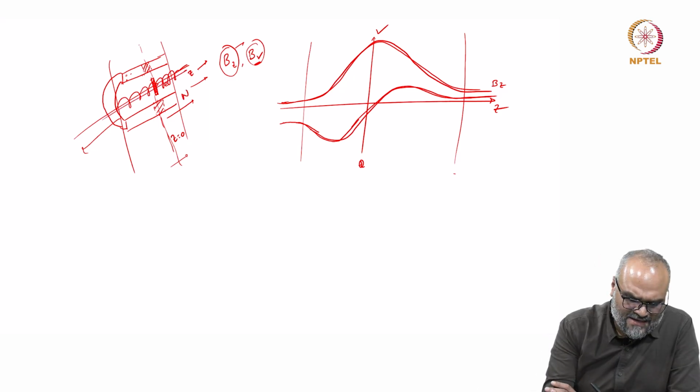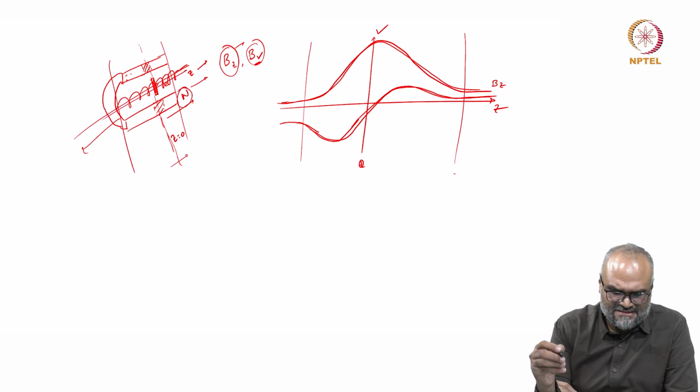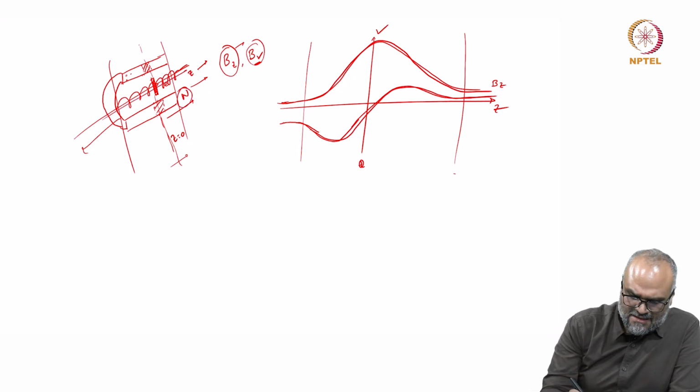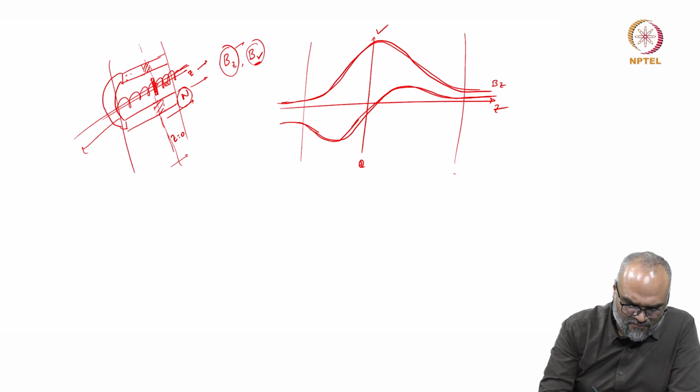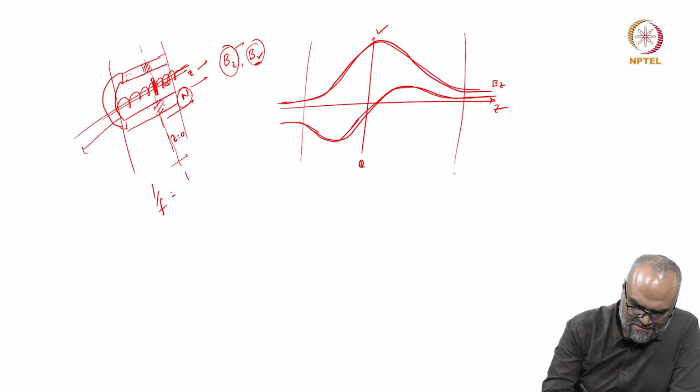Z0. If I take a coil which has n turns, I can approximate the focal length, if this pole piece gap here is some L, I can write it as 1 over L times [expression].